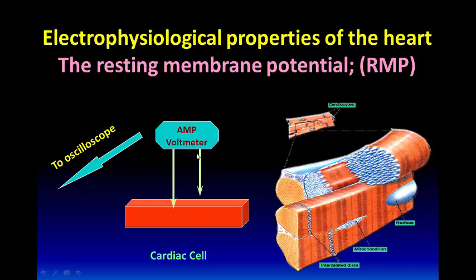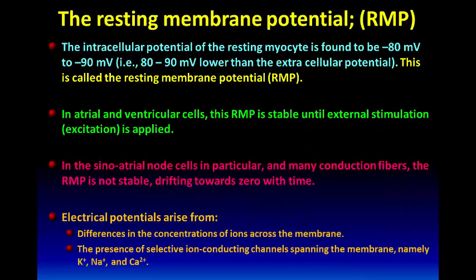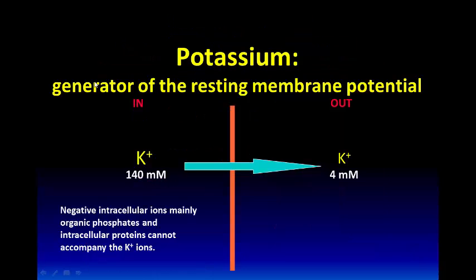The measured value of the resting membrane potential is very close to the calculated equilibrium potential of potassium. So this clearly shows that the resting membrane potential is due to the efflux of potassium, and potassium is the generator of the resting membrane potential.